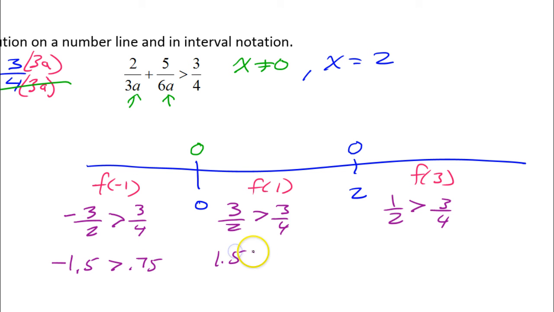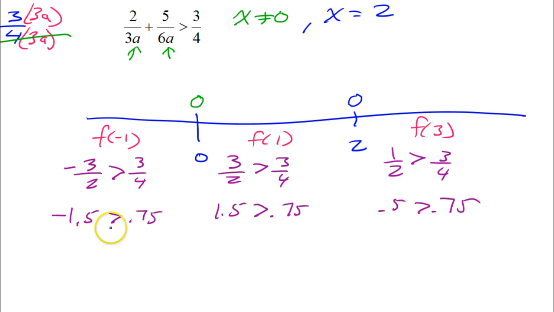This is 1.5, and this is 0.5. So is -1.5 greater than 0.75? No. Negatives are not greater than positives. Is 1.5 greater than 0.75? Yes. Is 0.5 greater than 0.75? No. The yes shows me where the solutions are.